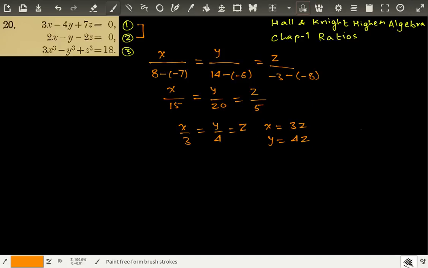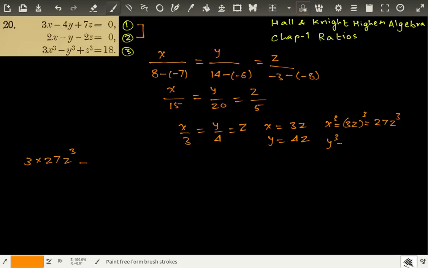We substitute the value of x and y in the third equation. So we get 3 times x cube, which is 3z cube, so x cube is 27z cube. So 3 times 27z cube, minus y cube.